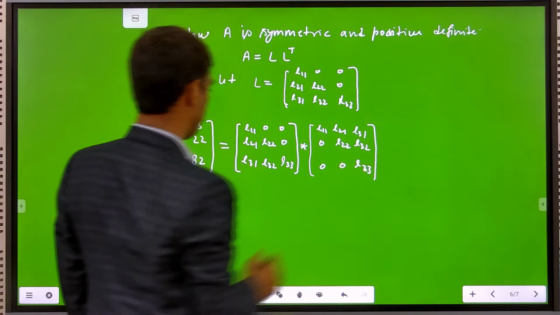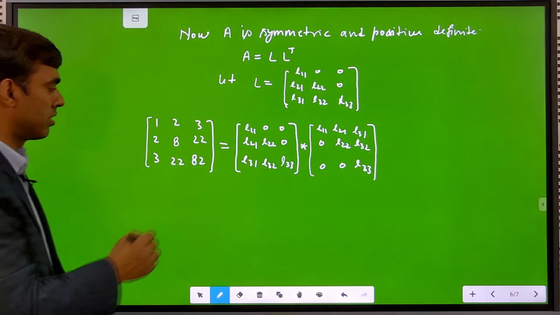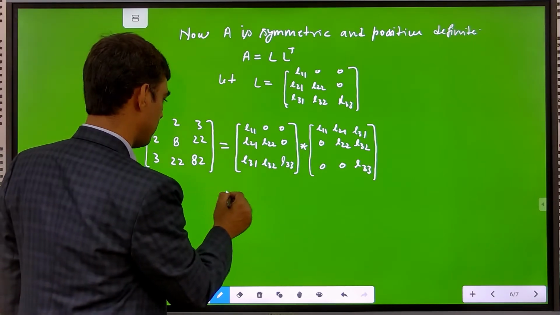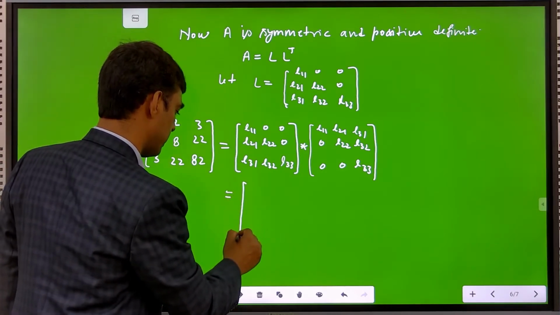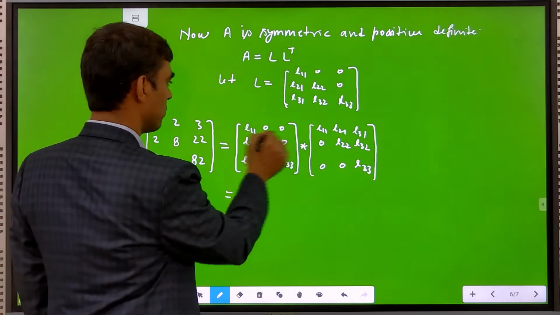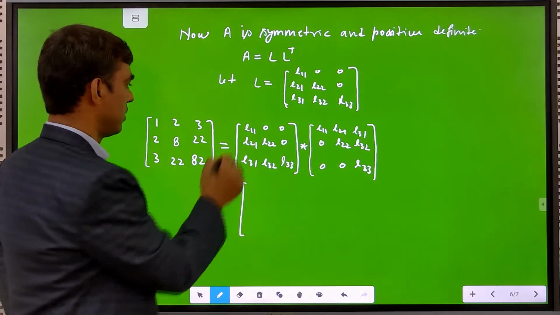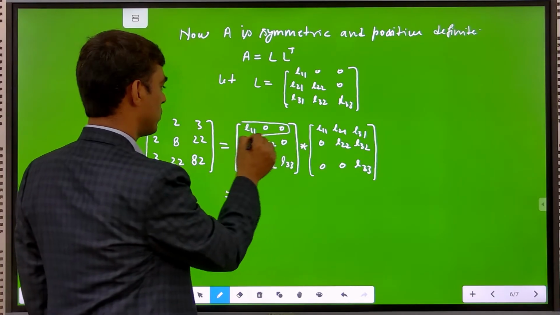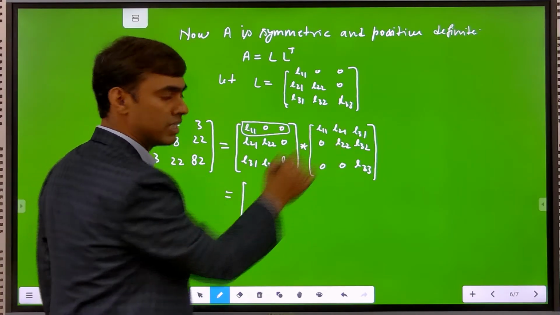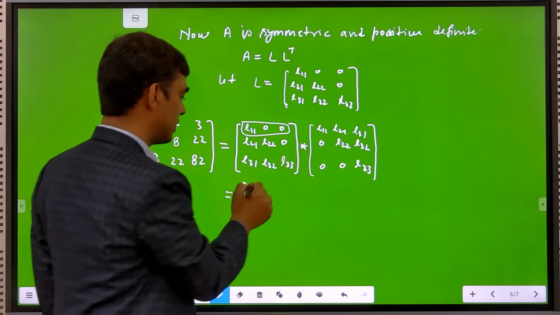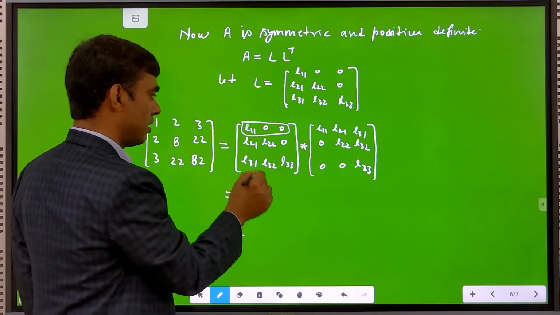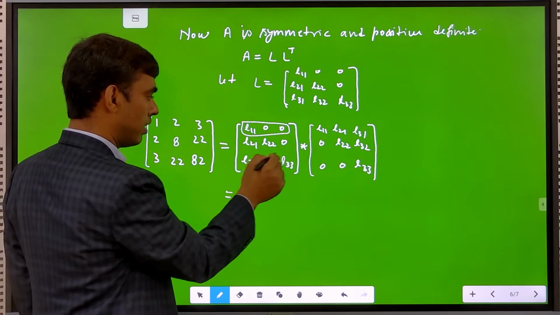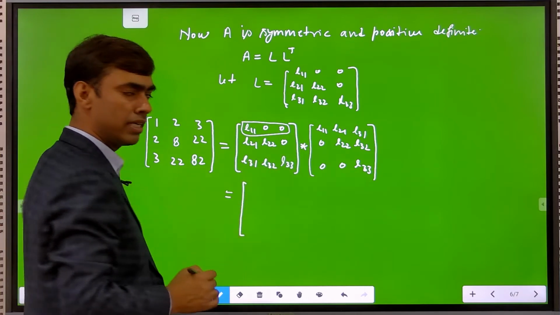So if we multiply these two matrices L and L transpose, what is the value? The first row by the first column, then the first row by the second column, the first row by the third column, then we find the values after multiplication of L and L transpose.